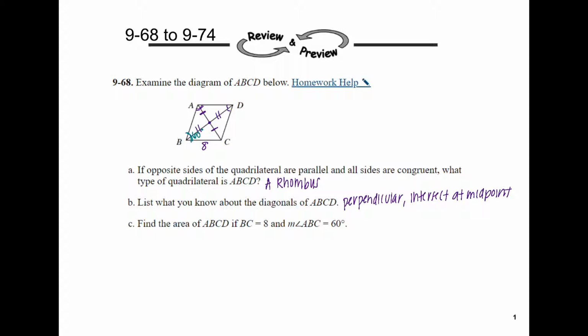So when we're finding the area, if we know that BC is 8, and we know that this angle, half of it would be 30 degrees, we can use the cosine of 30 degrees to find the adjacent side over our hypotenuse, which is 8.